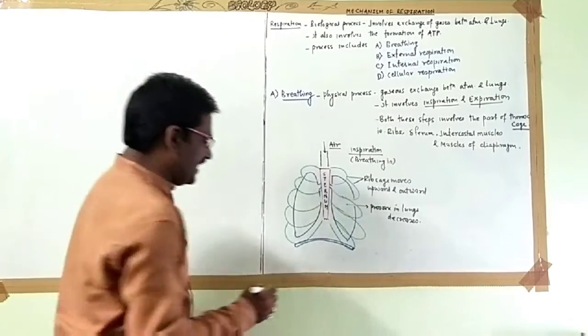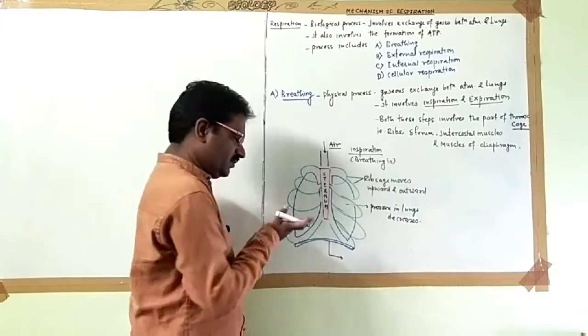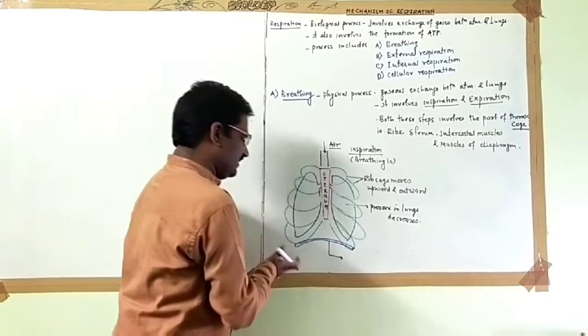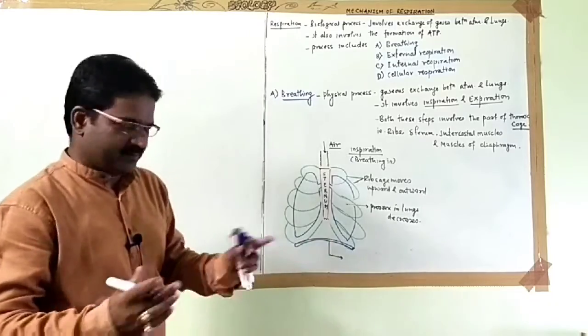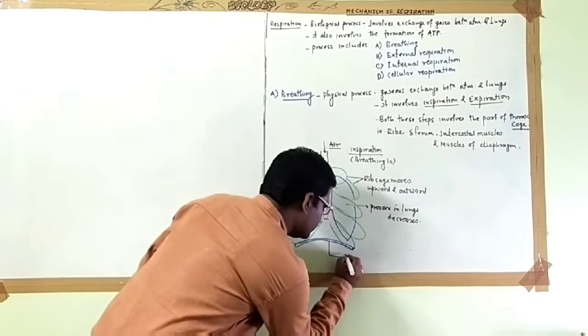This diaphragm is the partition wall, the muscular septum present between the thoracic cavity and abdominal cavity. This diaphragm contracts and moves down.